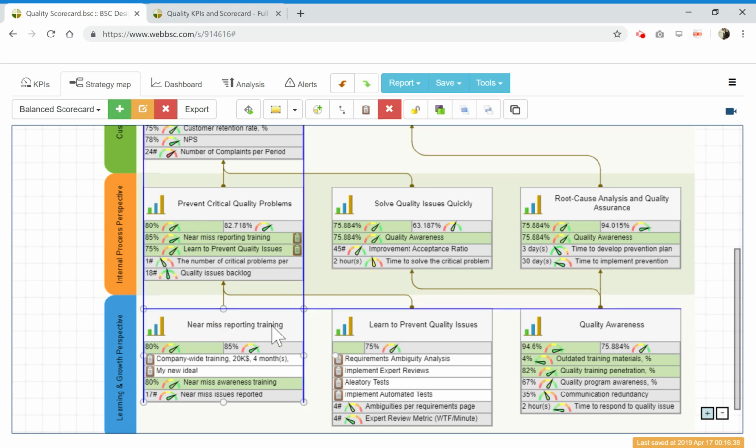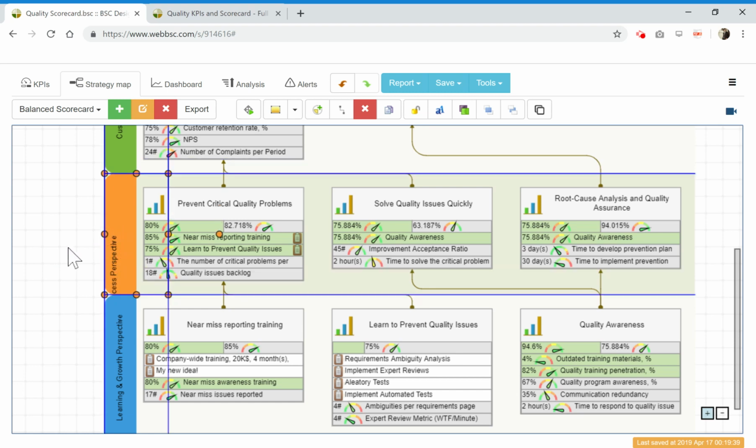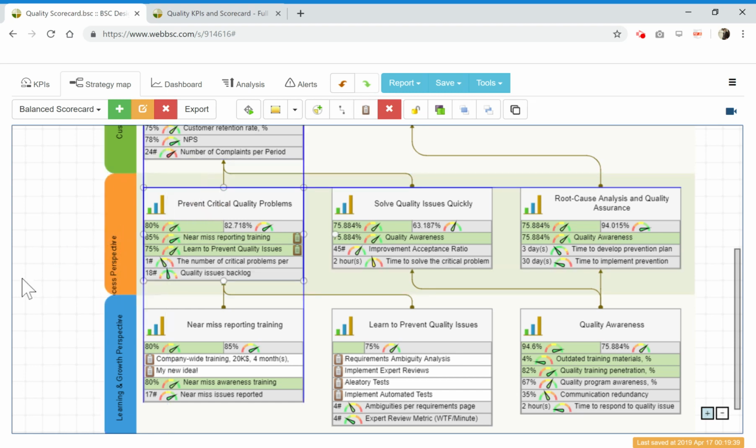Near-miss reporting training, we need to make sure that people were trained about reporting near-miss events, and will validate this, that people are actually reporting by the number of issues that were reported. And this is contributing to this goal, to preventing quality problems.